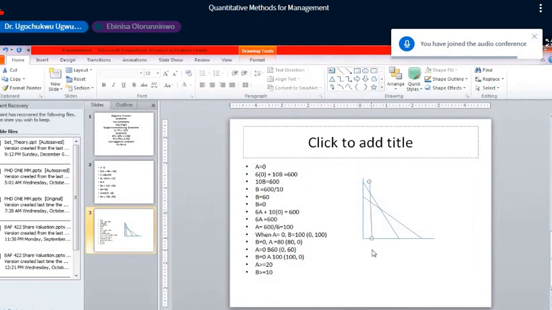So what we'll have here now is at the point where A is 20, and then the point where B is 10 will be like this. Now this is a typical example of the charts that you have.